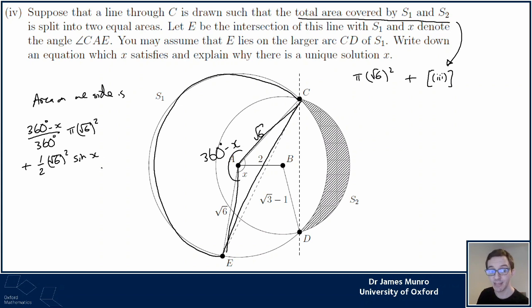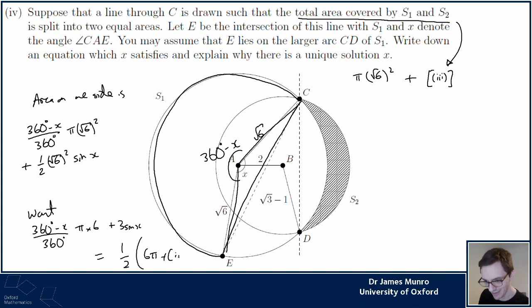I want that to be equal to 1/2 of the total area. So I want 360 degrees minus x over 360 degrees times pi times 6 plus 3 sine x to be equal to 1/2 of 6 pi plus everything in part 3, which I still don't really want to write out. But that's what I want.